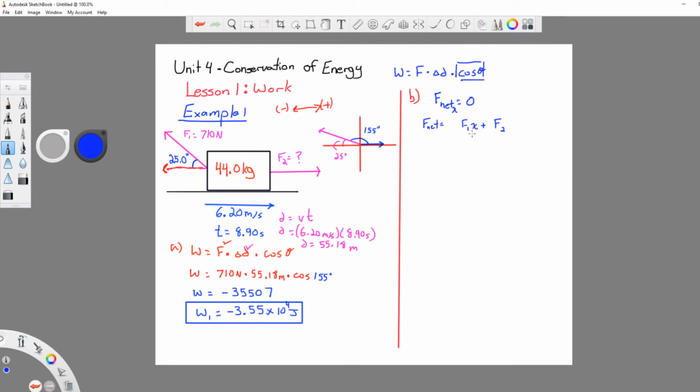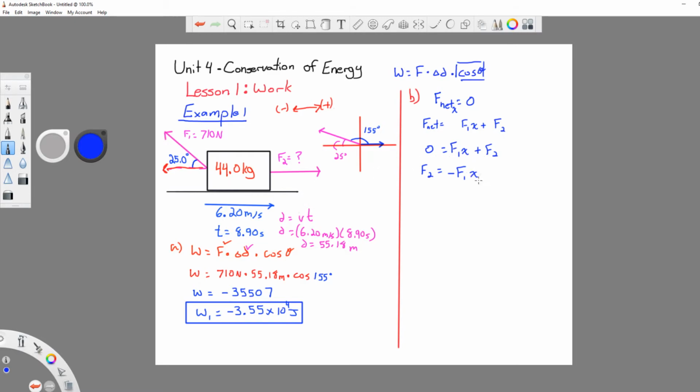This is the sum of the forces, and this is going to have a negative value, because it's pulling to the left. So let's keep it like this, and then say, filling in numbers now, 0 is equal to F1x plus F2. And if we want to solve for F2, F2 would equal negative F1x.